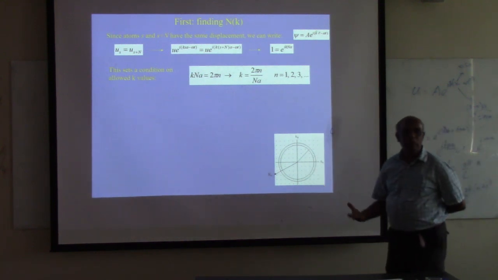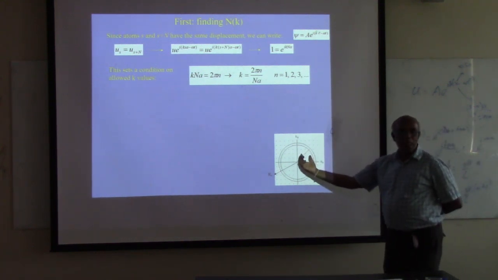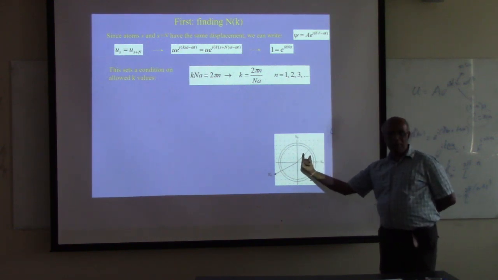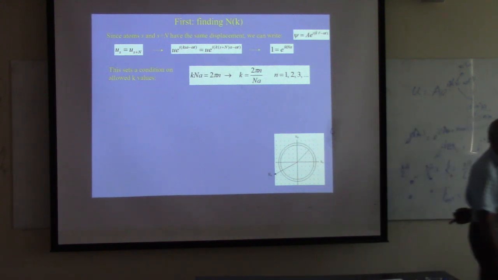The only thing we have to calculate now is how many states there are for a given delta K. That's very simple. Is that clear?